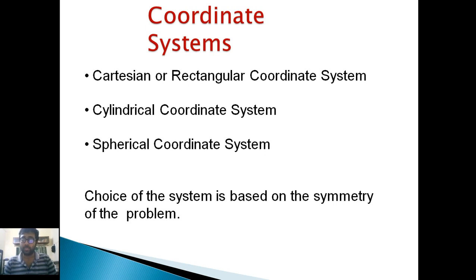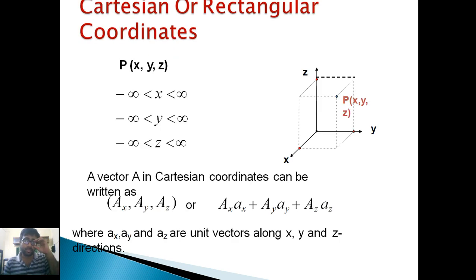Okay, let's go to the next slide. And this is the Cartesian or rectangular coordinate system. As we can see from the XYZ coordinate, if we draw a line parallel to Y, a line parallel to Z and a line parallel to X, we will get a rectangular shape 3D area.